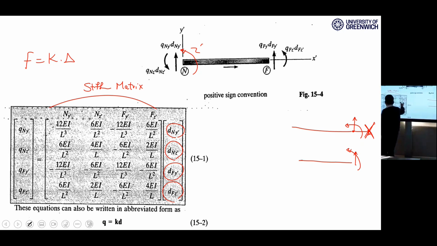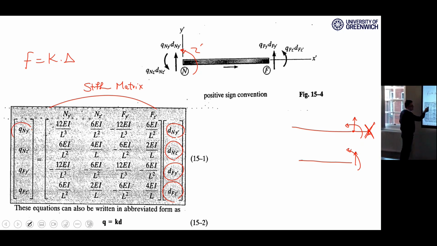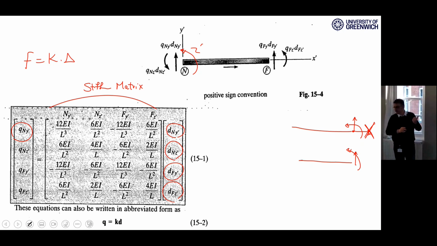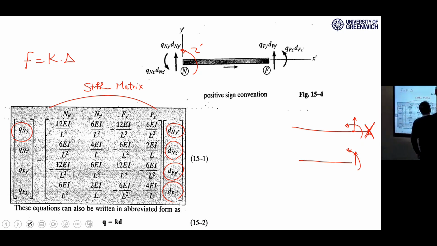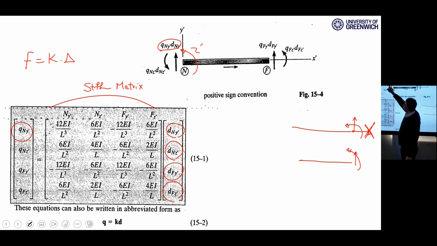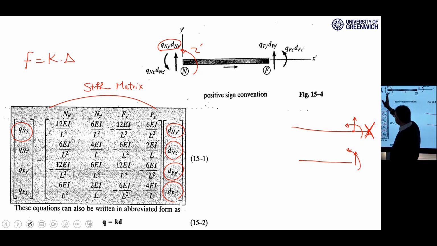Each of these deformations has corresponding forces. This means force, Q means force, at the near node, along the y prime, means this one. There we have Q and y prime and V and y prime together here, means this is the shear force and the deformation along this is V and y prime.